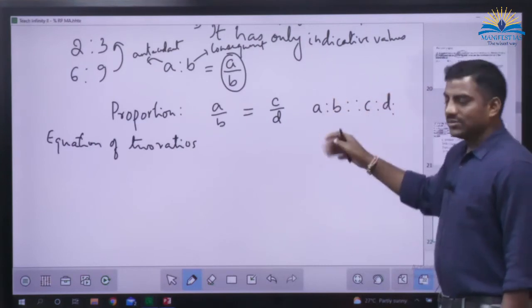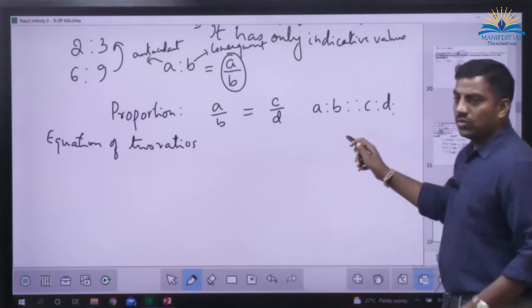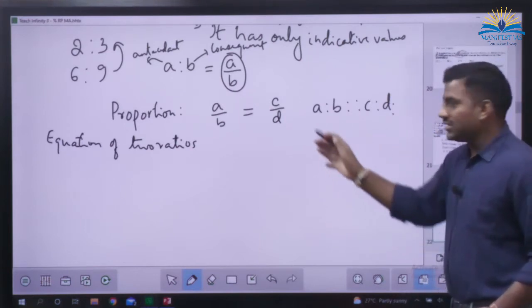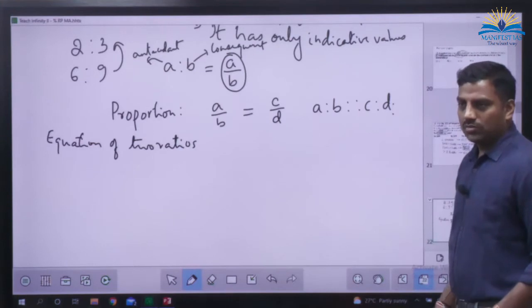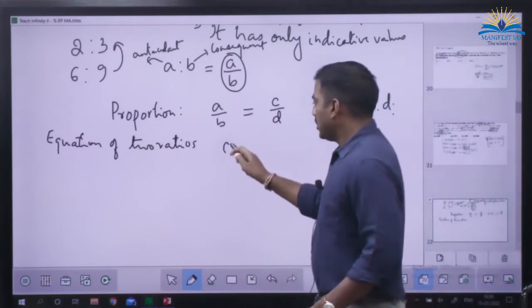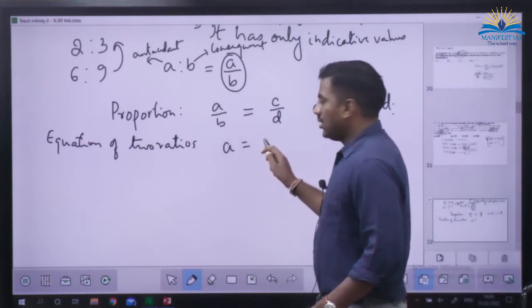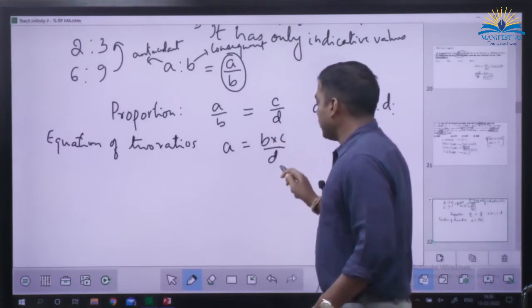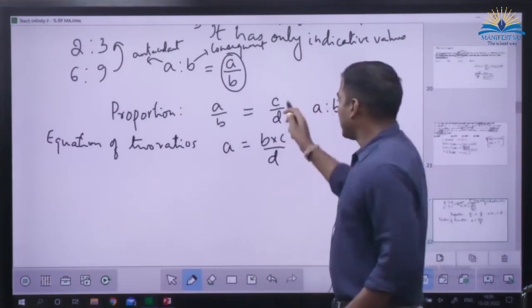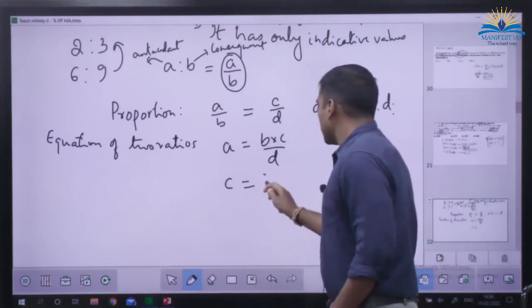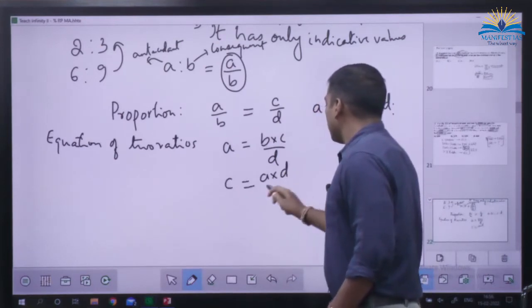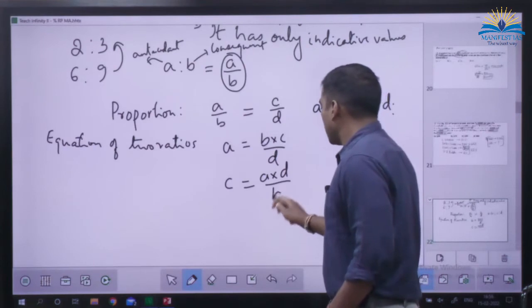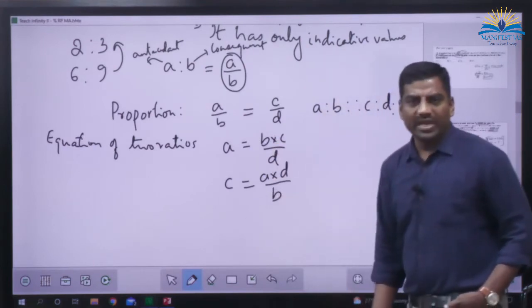With this, we can construct many equations out of these four variables. If you want to find the value of A, then you will do B into C divided by D. If you want the value of C, A into D divided by B. Like that you can make many combinations.